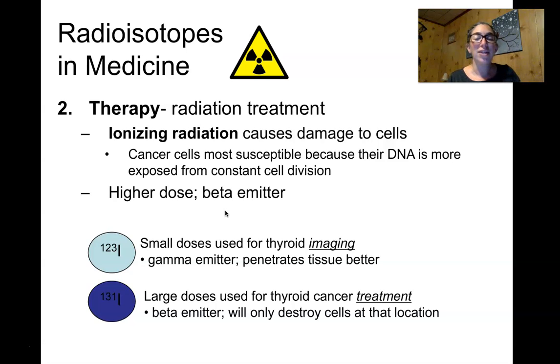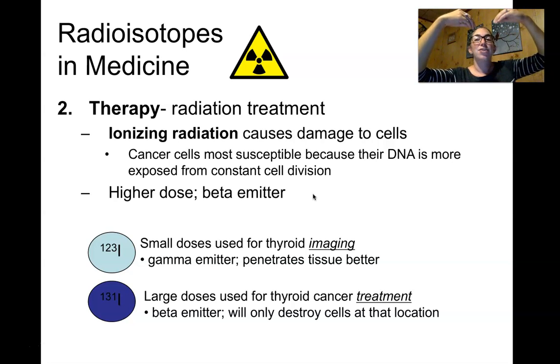So usually when you're getting radiation therapy, they're using a beta emitter if it's something that's injected. Some types of radiation therapy will use gamma emitters, but they'll lay you on a bed and shoot the gamma rays at you, like with a laser.